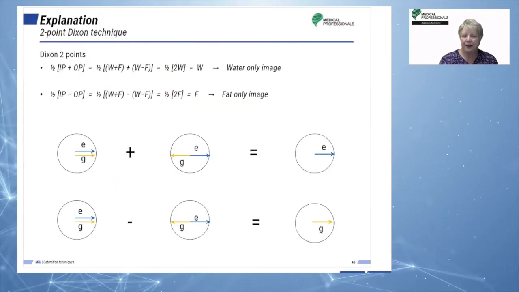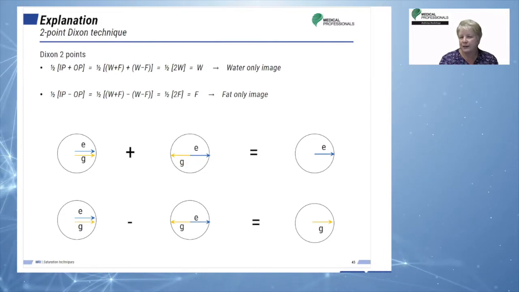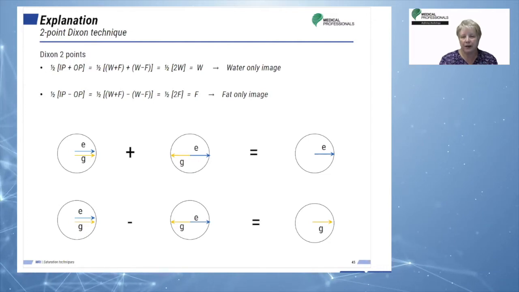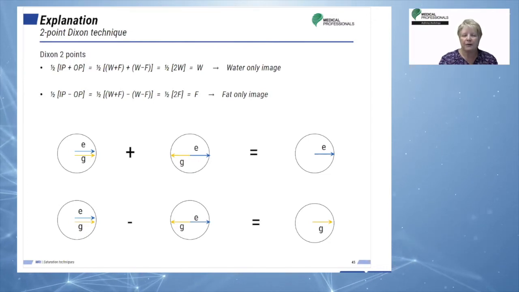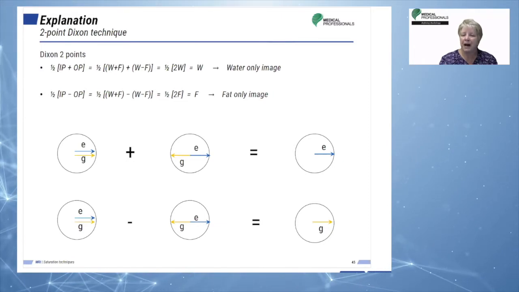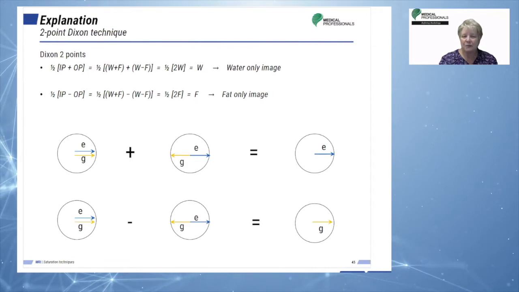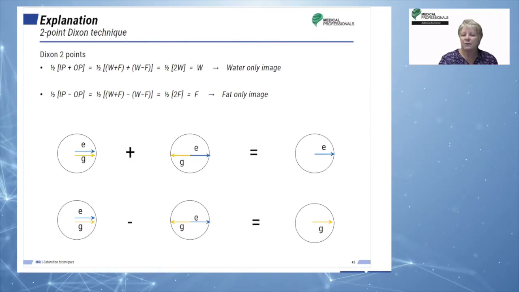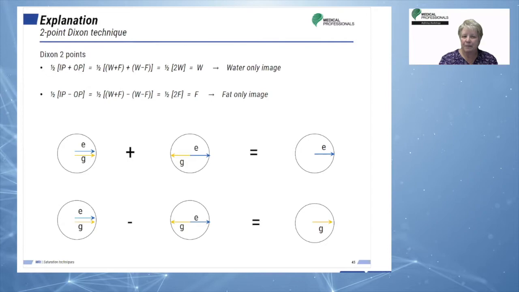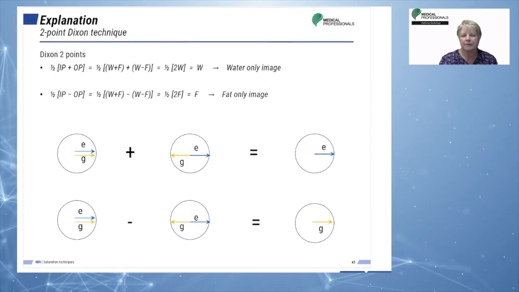With the Dixon method, both in phase and opposed phase or out of phase images are acquired. The first one with the fat and water spins in phase, and the other one with them out of phase. If the two images are added together pixel by pixel, the result would be a fat suppressed image, meaning that only water signal remains.